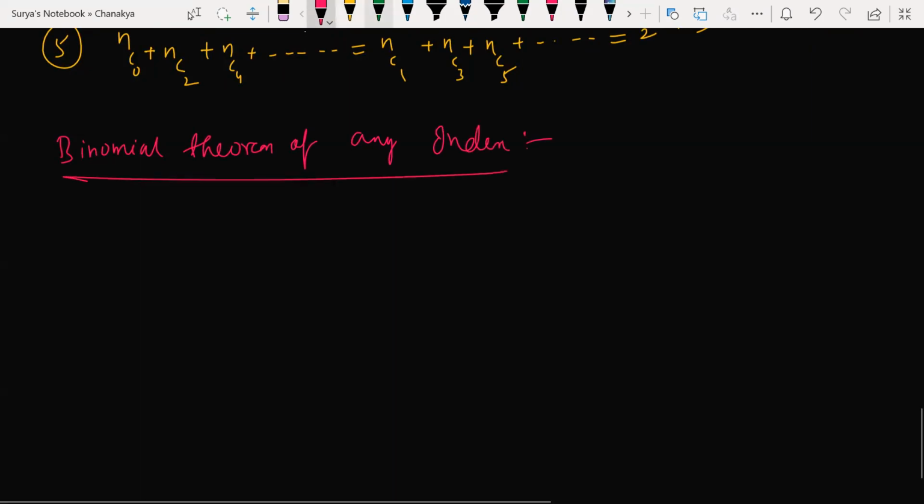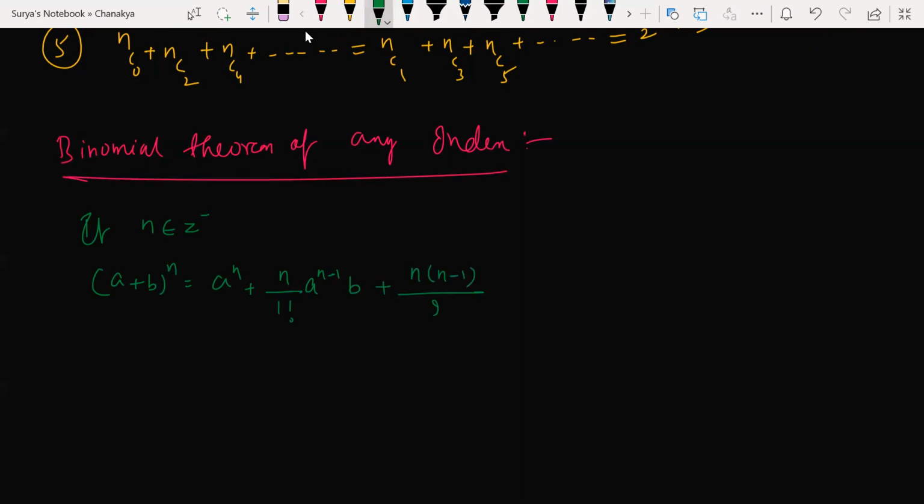Let's say that if n belongs to Z minus, (a + b)^n is equal to a^n by 1 factorial into a^(n-1) into b plus n(n-1) by 2 factorial into a^(n-2) into b^2 plus n(n-1)(n-2) divided by 3 factorial into a^(n-3) into b^3, and so on. It goes like that.